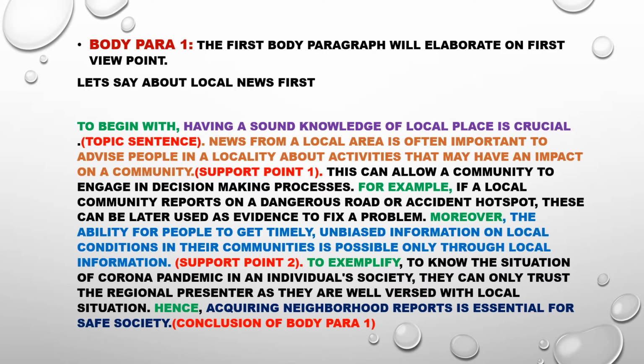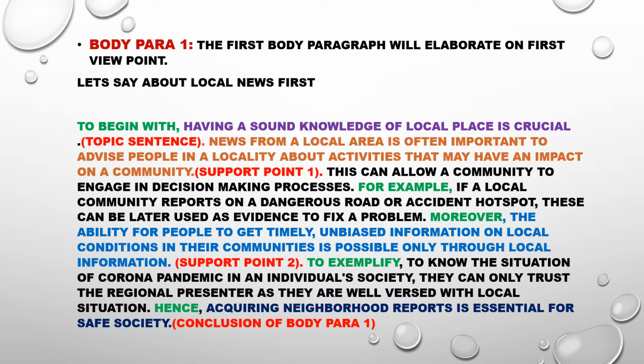Or if you don't have example or evidence, you can also go for explanation of the supporting points. Here I have examples, so have included examples. If you don't know examples, you can just elaborate or explain this supporting point in one more line, and then the conclusion. Okay, the conclusion is nothing but the topic sentence ending or the point 2 ending, anything.